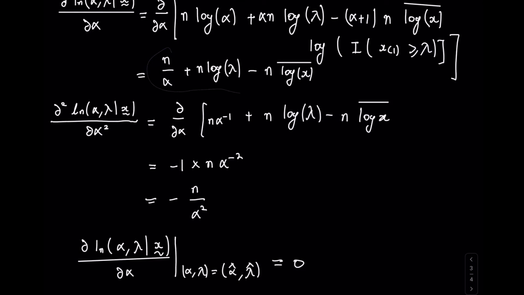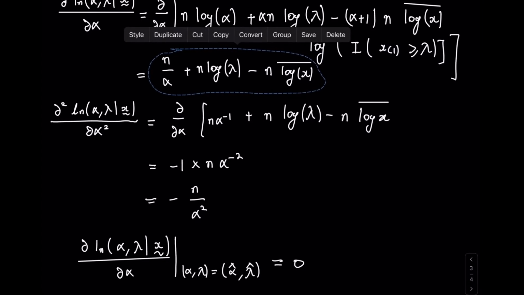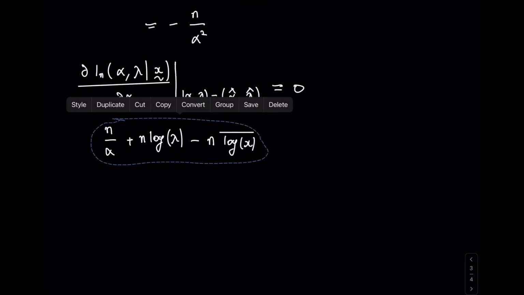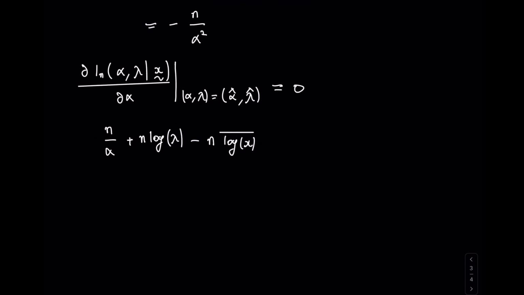So I'm going to take the derivative that we computed, paste that down here, and evaluate it at lambda hat, so I put alpha hat, lambda hat, equal to 0.